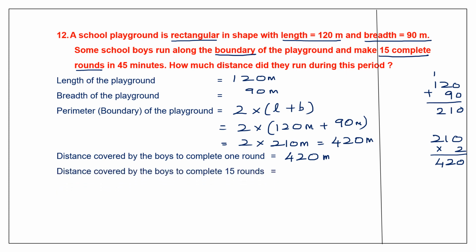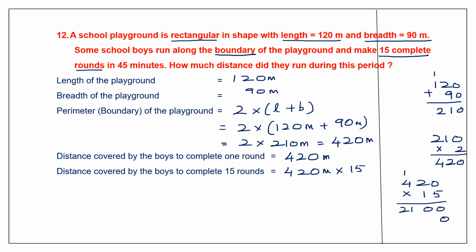So the distance covered by the boys to complete 15 rounds will be 420 meters into 15. So let's multiply 420 into 15. So that will be 5 zeros are 0, 5 twos are 10, carry 1, 5 fours are 20 plus 1, 21.